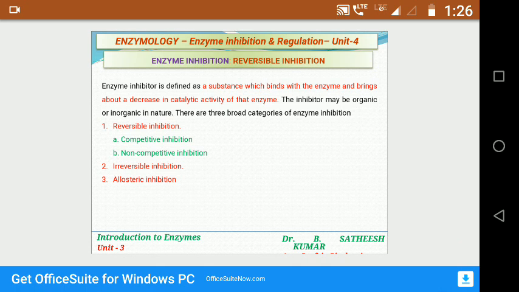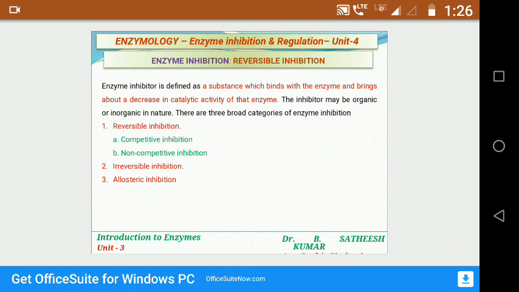In those different categories of inhibition, in the last class we discussed reversible inhibition. Reversible inhibition means the inhibitor binds reversibly to the enzyme. That means it may bind to the enzyme and at the same time it may dissociate easily.